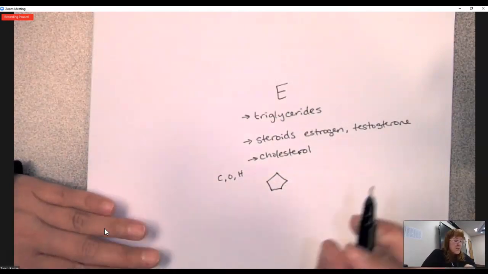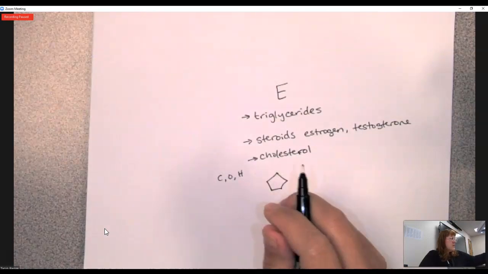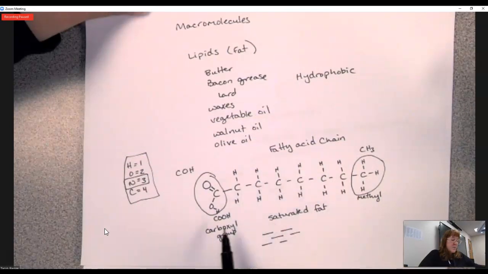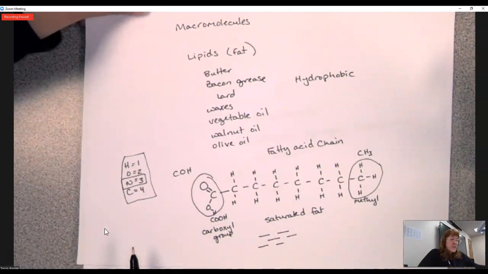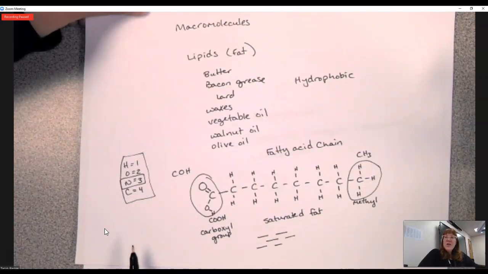And hopefully we understand that if you go back here to our long fatty acid chain, all of these bonds contain an immense amount of energy. So fat is used as energy storage. So it's also useful to not always get along with water.